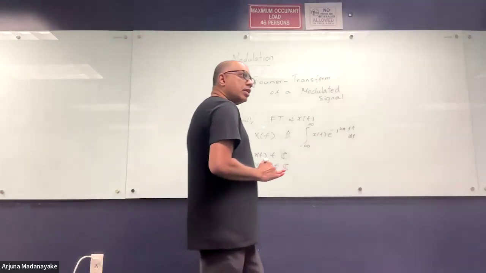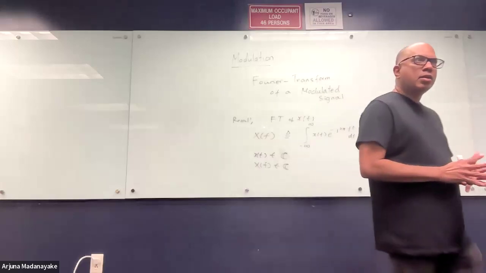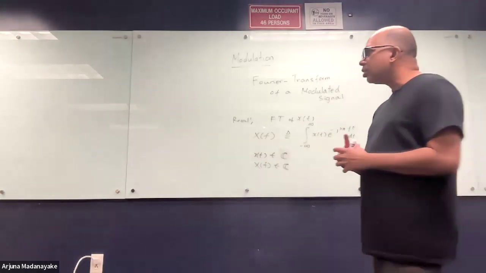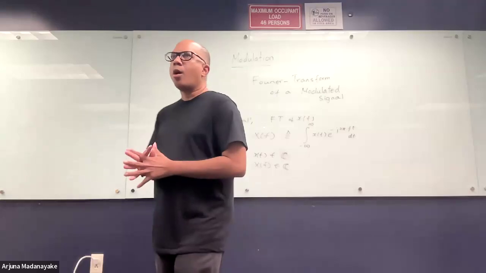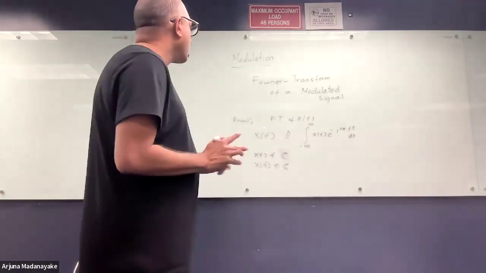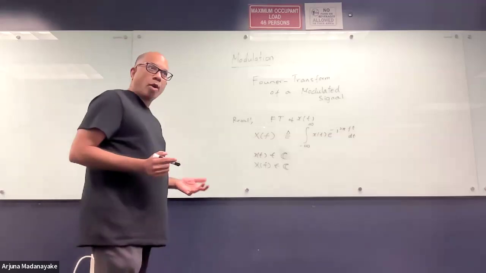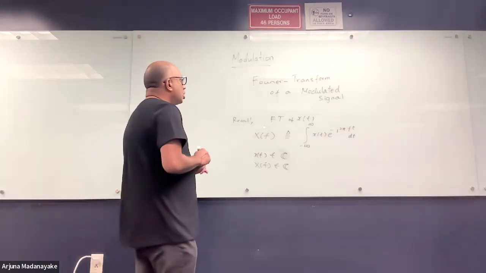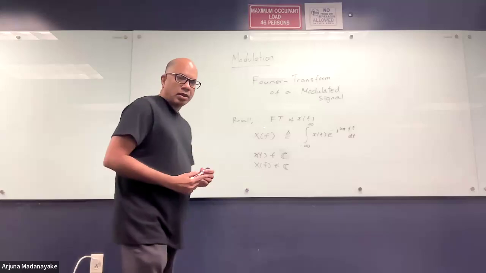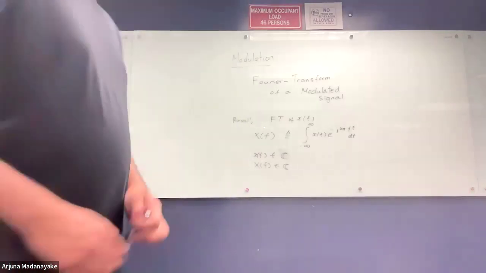So modulation is the process of multiplying the time function with a time varying complex exponential waveform. So I can write the modulation property, right? The modulation of x of t as follows. So let me write it over here.